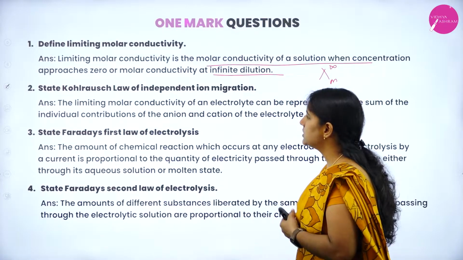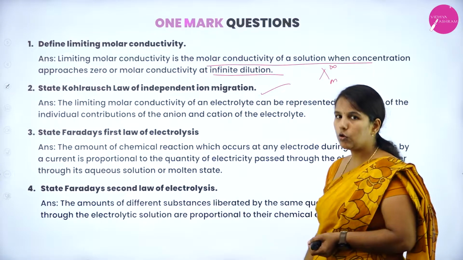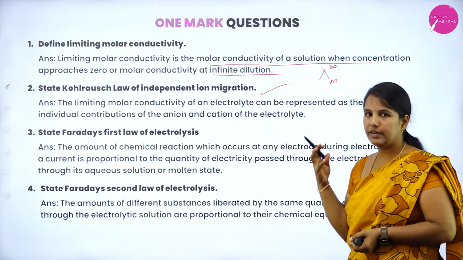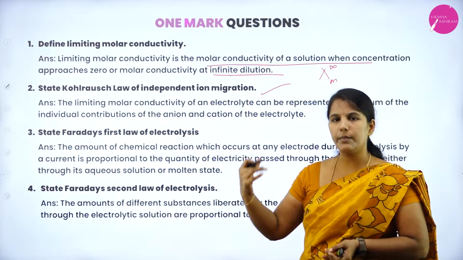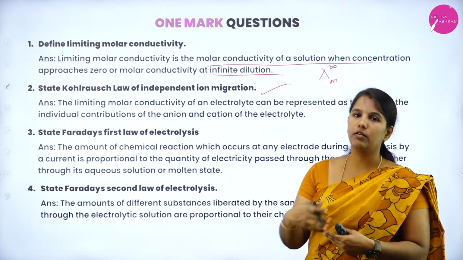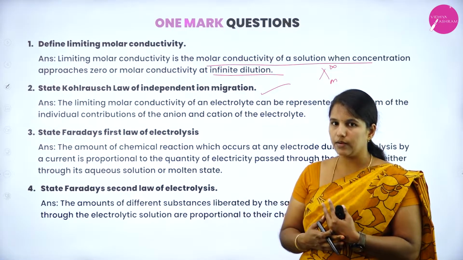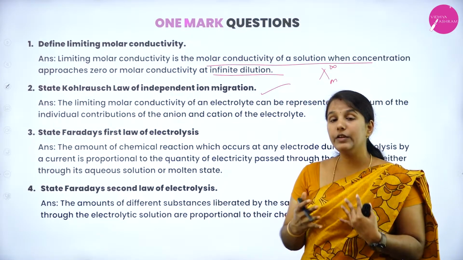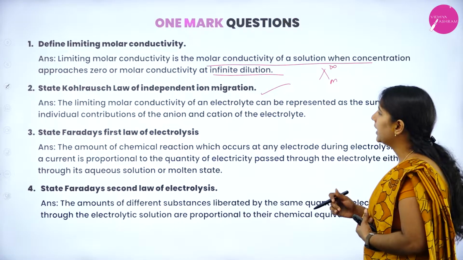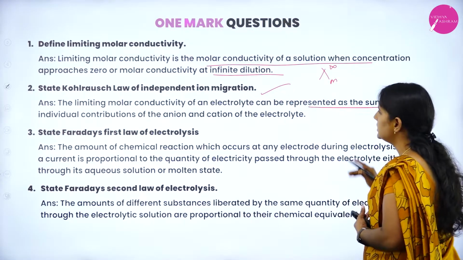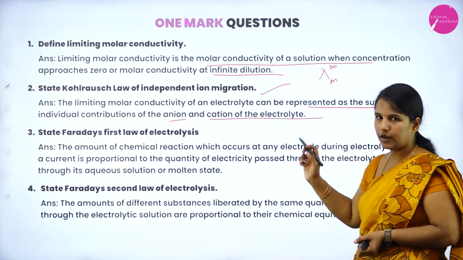Next, state Kohlrausch law of independent migration of ions. Kohlrausch law is a law given by the scientist Kohlrausch. He gave a methodology to find the limiting molar conductivity of a solution or a given compound by counting the individual ions responsible for its formation. The limiting molar conductivity of an electrolyte is represented as the sum of the individual contributions of the anions and the cations of the electrolyte.